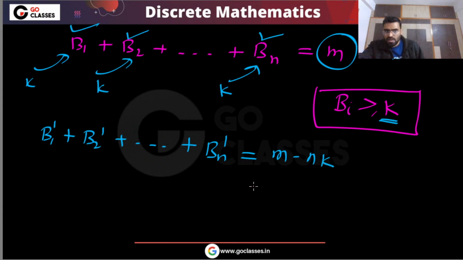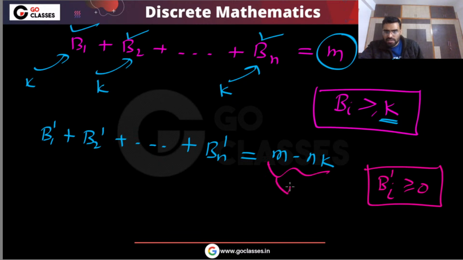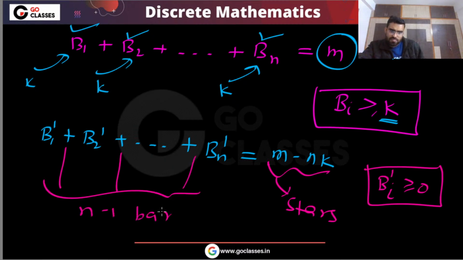Now you can notice that bi dash is greater than or equal to 0. So here you can just apply stars and bars: these are the stars, and in total n minus 1 bars. So finally the answer will be m minus nk plus n minus 1 C n minus 1. So this is the answer.